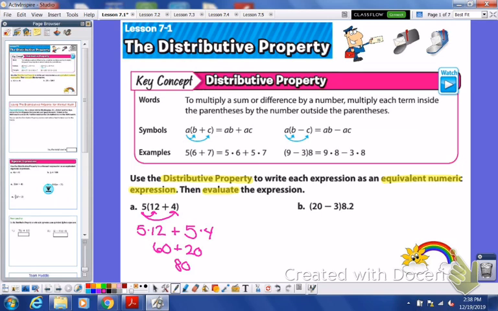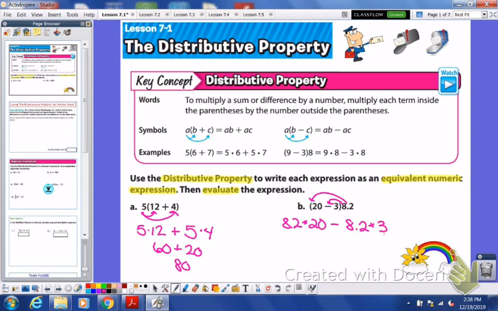Okay, if you look at part B, we have the quantity of 20 minus 3 times 8.2. So we're distributing again, we're just distributing backwards. So rewriting, we have 8.2 times 20 minus 8.2 times 3. So again, there's your equivalent expression.